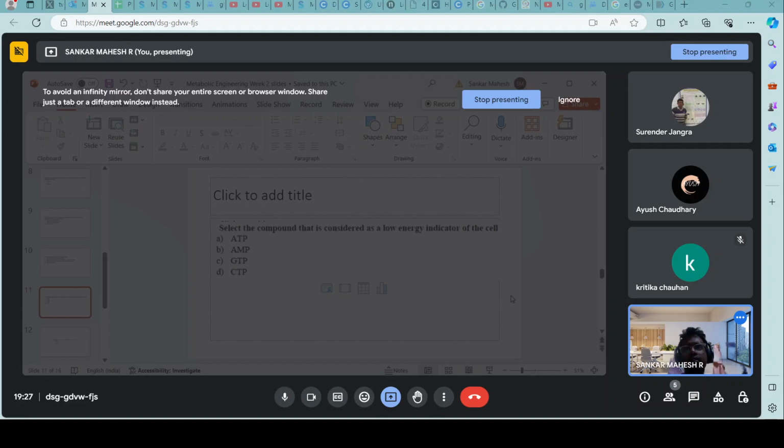Ayush, do you know the difference between ATP and AMP? Adenosine triphosphate or adenosine monophosphate. Let's say within a cell, we have 75% AMP and 25% ATP.